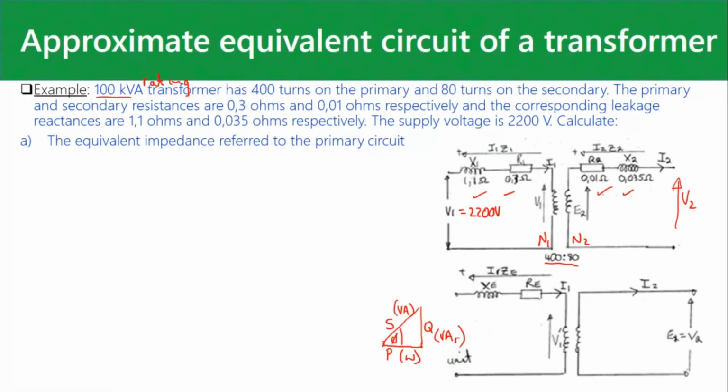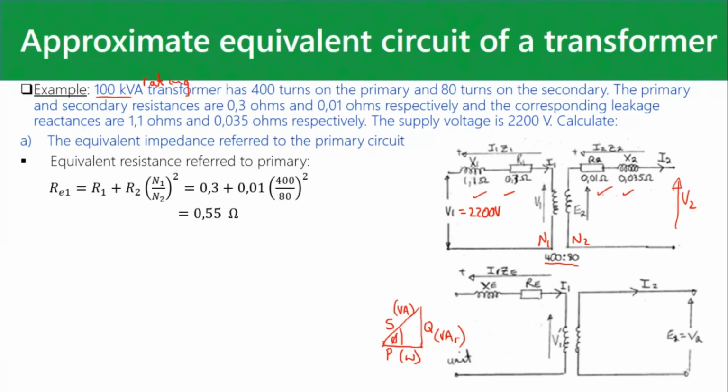To get the per unit regulation, you need to get RE1, XE1, or RE2 and XE2. But they're normally going to tell you which side of the transformer to refer the values. All right, so the equivalent impedance referred to the primary. So we have to take these over there.